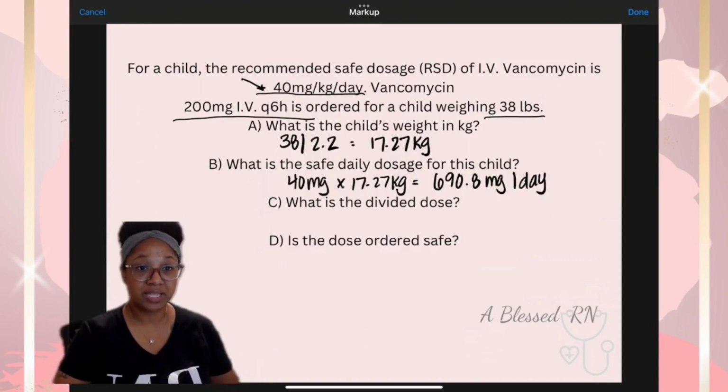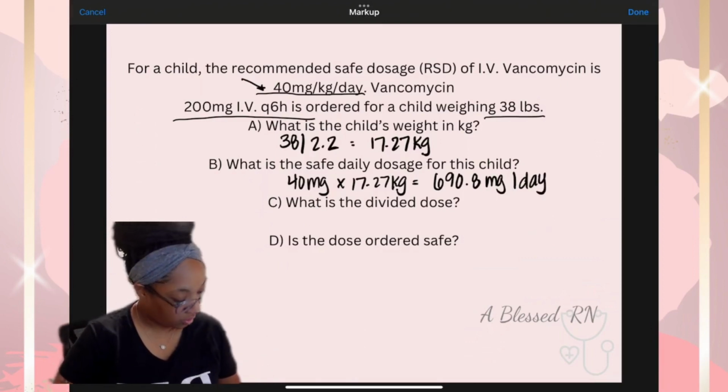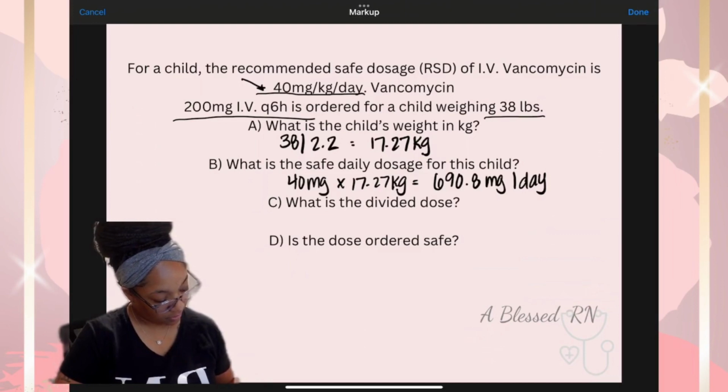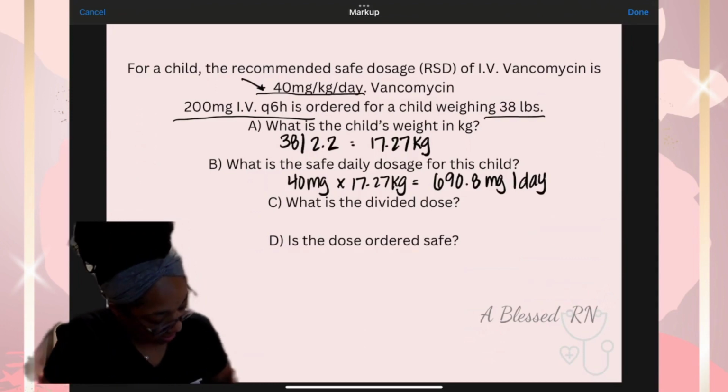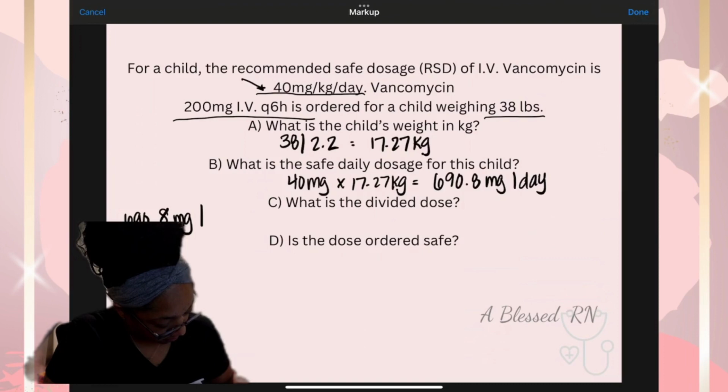Alrighty. So what is the divided dose? The order calls for 200 milligrams IV Q6. So if we divide 690.8 milligrams into 4, because every 6 hours is going to be 4 times, right?